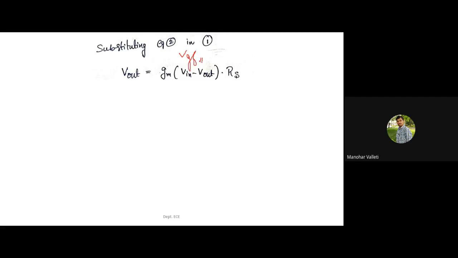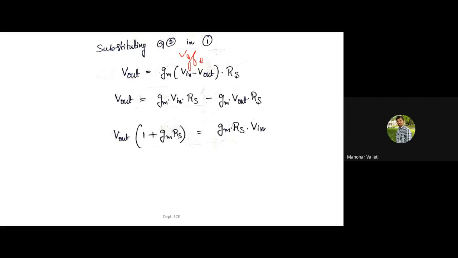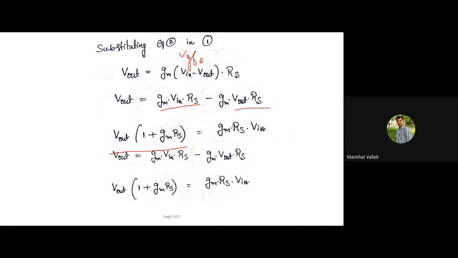From that you can write equation 2. If you substitute equation 2 in equation 1, you will get gm (Vin minus Vo) times RS. If you solve and bring Vout to one side and Vin to the other, you will get Vout multiplied by (1 plus gm RS) equal to gm RS Vin. So we got the Vout term on one side and the Vin term on the other.